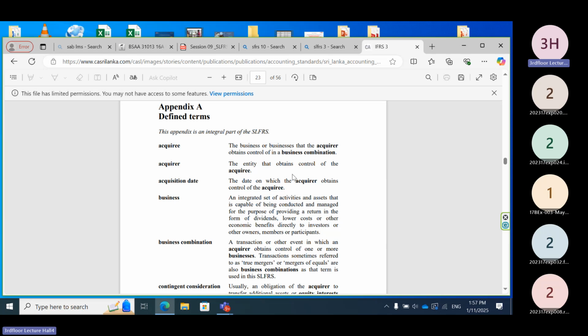Internally generated intangible assets are prohibited by IAS 38. Because of that, we can't calculate an individual company's goodwill and record it in the books. So this goodwill element will be there in the organization, but that element will not reflect in the books. Book value doesn't give goodwill indications, right? The goodwill element is not captured in the books.